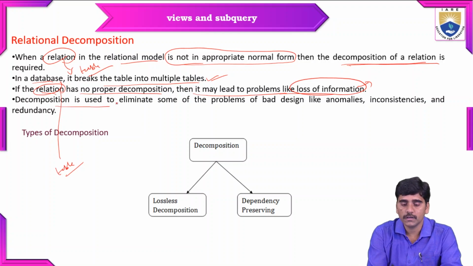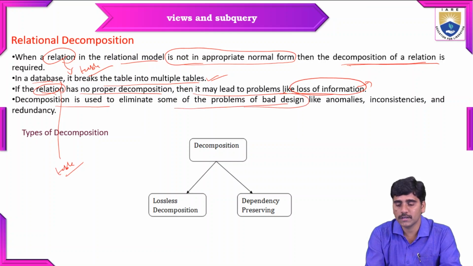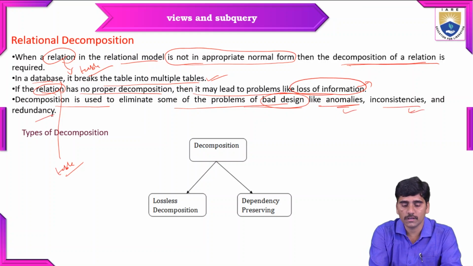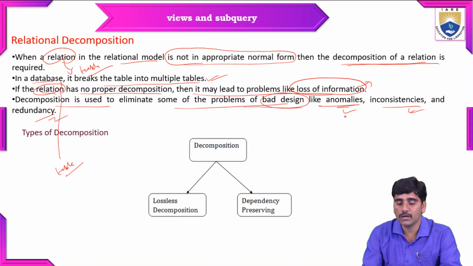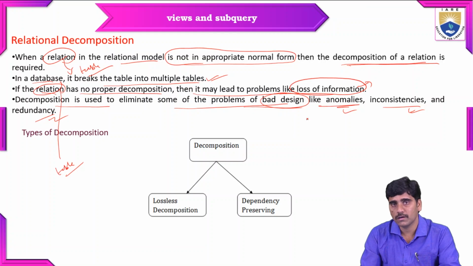And decomposition is used to eliminate problems of bad design like anomalies, inconsistencies, and redundancies also. So to avoid all this, we need to decompose the table in a proper way.